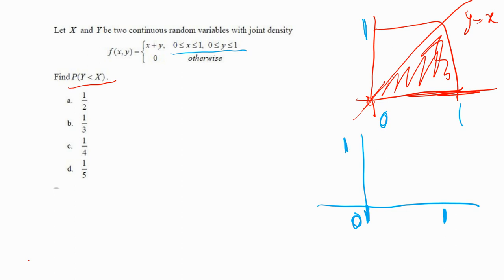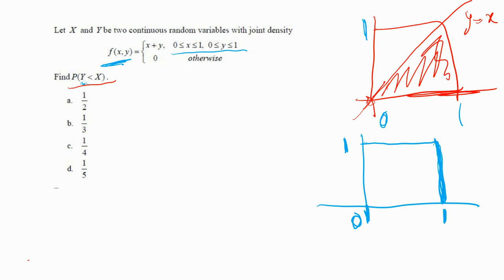So this one will be the region. Just draw these lines. This is the region where fxy is defined, and otherwise everywhere else fxy is 0.